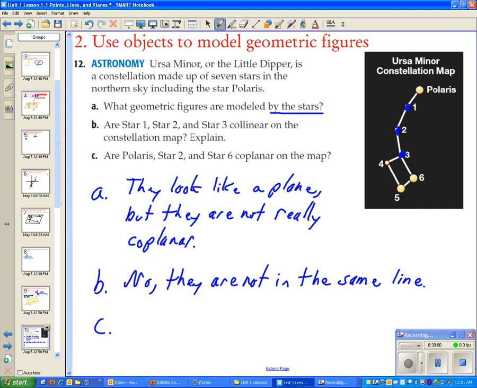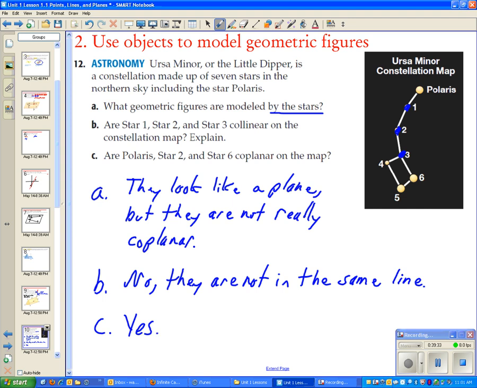Last one. Are Polaris, star 2, and star 6 coplanar on the map? You're overthinking this. Are they on the same flat surface? Yes, they're all on the map, they're all on that screen, aren't they? They're not saying are they really in space. On the map, they are coplanar because they're all on that screen. So, yes, and they don't ask for an explanation, so I won't give them one.